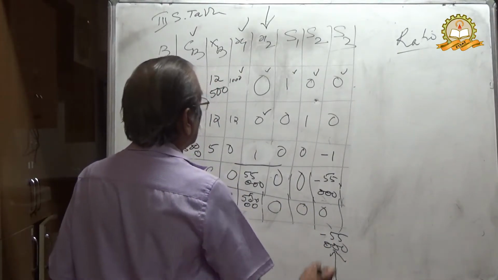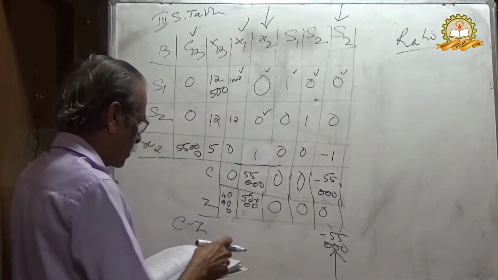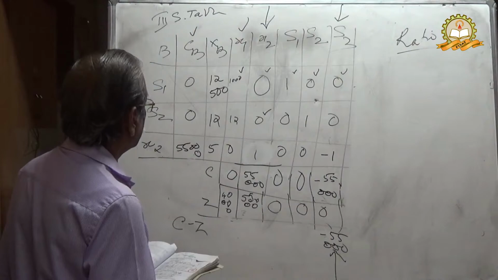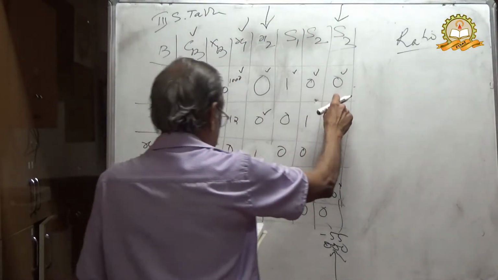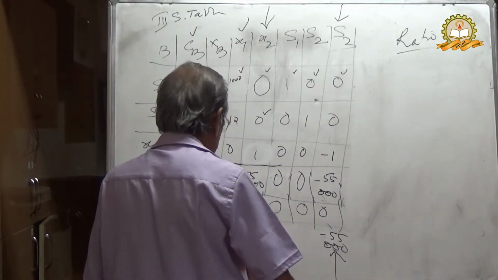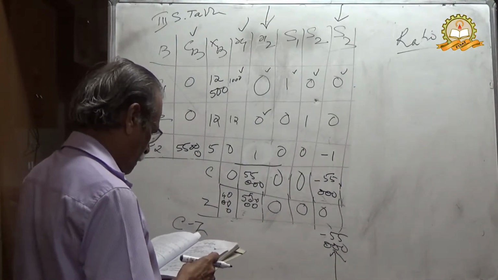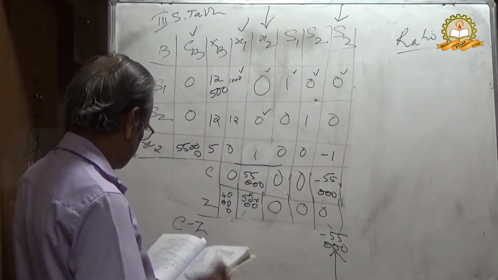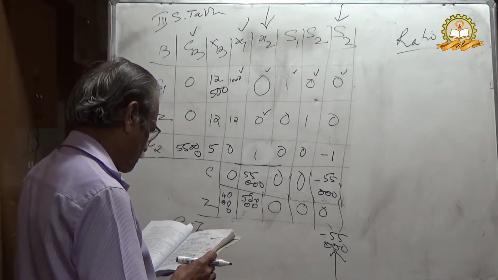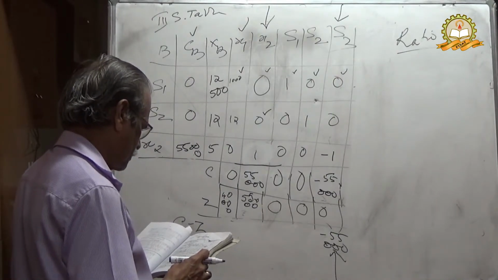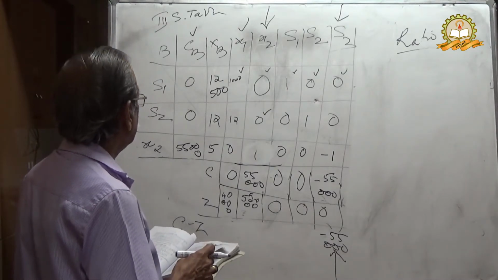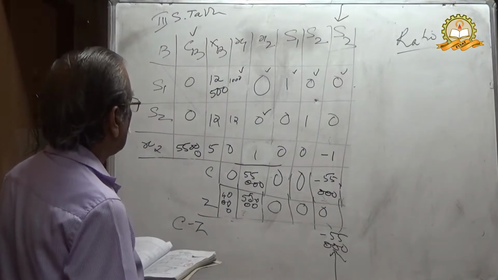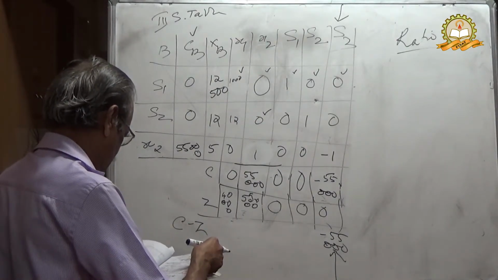Now, considering the ratio, finding the ratio XB divided by the pivot column. Now the pivot column is S3.